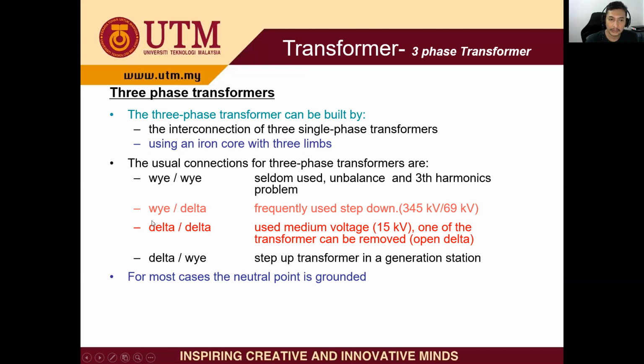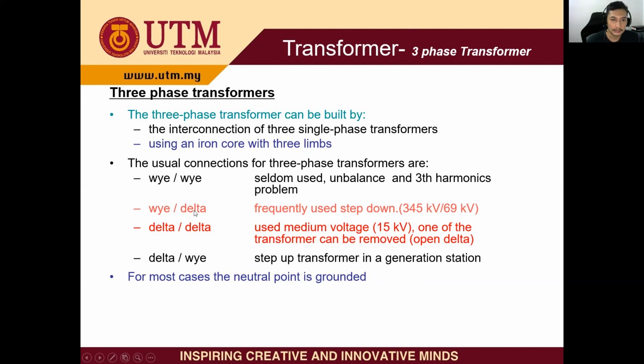For this delta delta connection, there is a special feature where one of the transformers can be removed, maybe due to a fault or for maintenance reasons. And the last one is the delta Y connection. This is the step up transformer and is mostly used in a generation station.